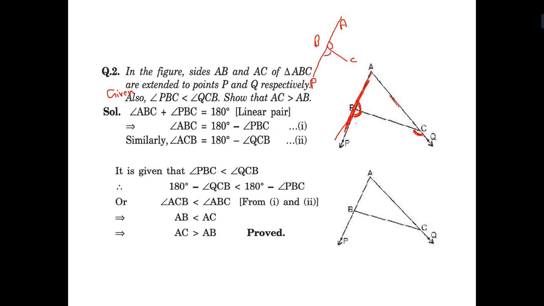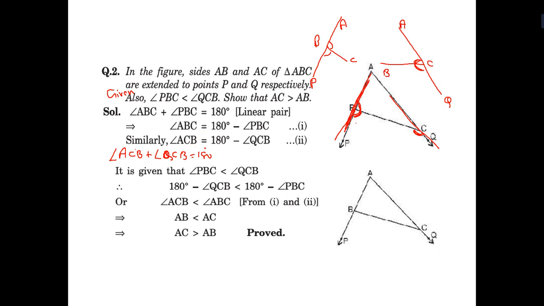Same thing if you see here, again it is a linear pair. That is A, C, Q, and here it is B. So we can write angle ACB plus angle BCQ, or QCB, is equal to 180.